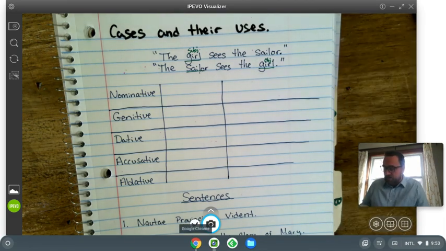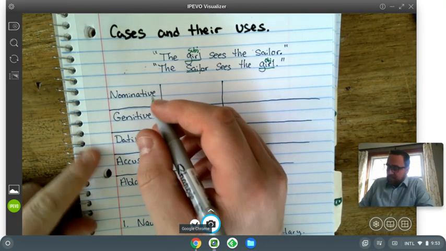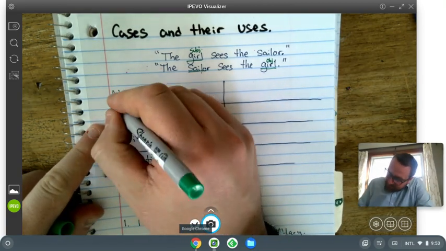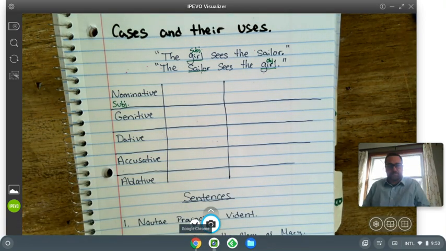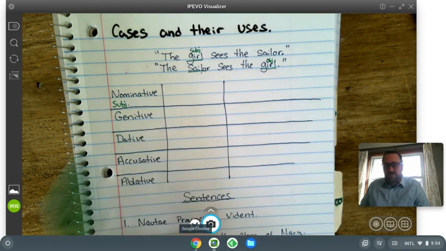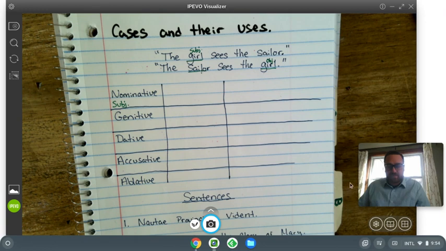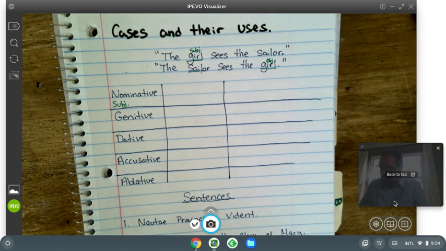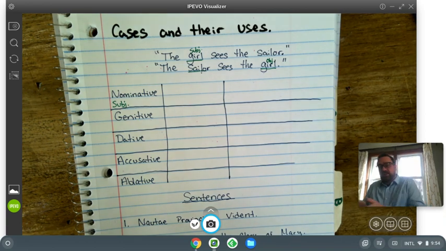Okay. The nominative case is the case that's used for subjects of the sentence. Okay, another use of the nominative, though, might be if there's a girl and the girl is a daughter.